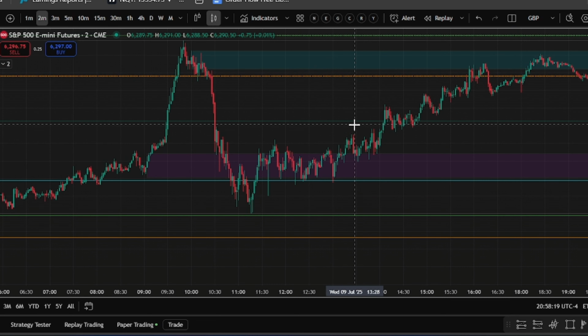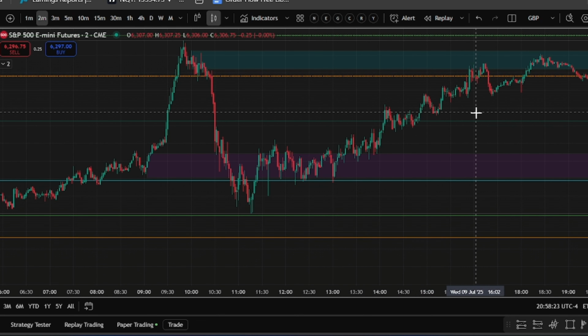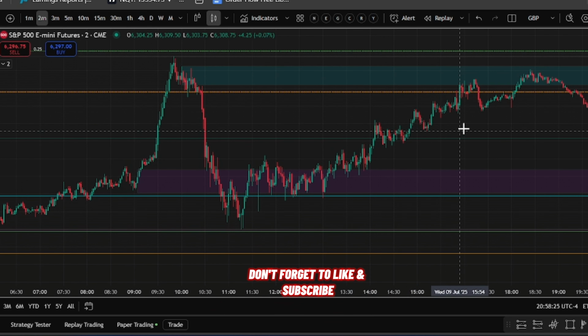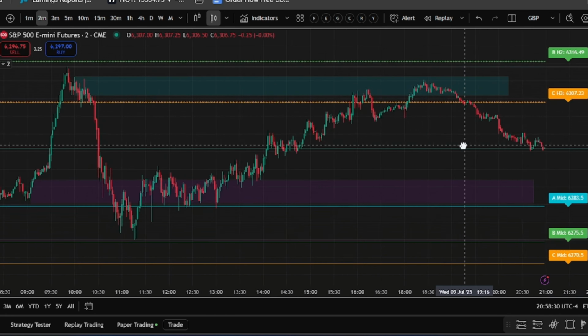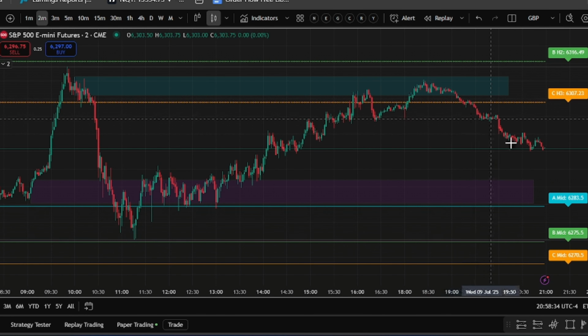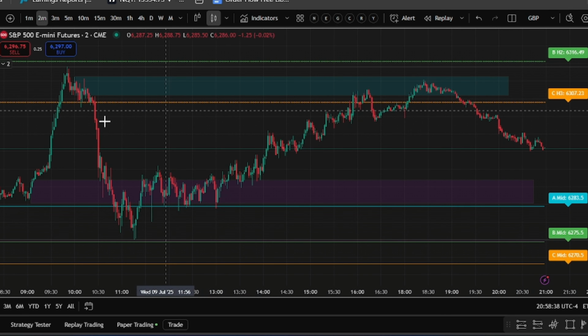Wait for the price to come out of the zone, and then the price action becomes clearer. Again, price comes back to this zone and rejects to the downside. Once price is below this level, the path is clear, you can look for short entries.